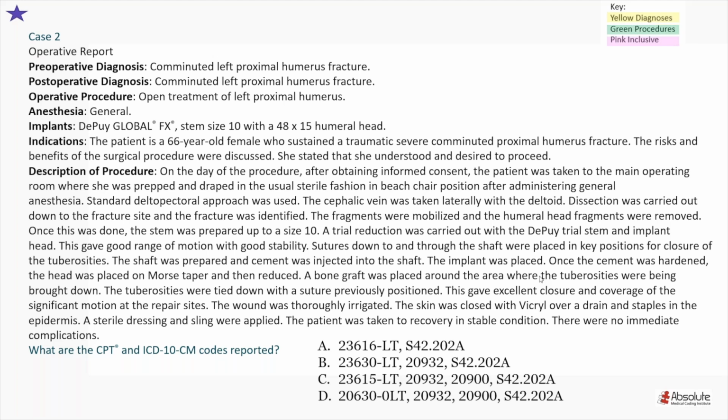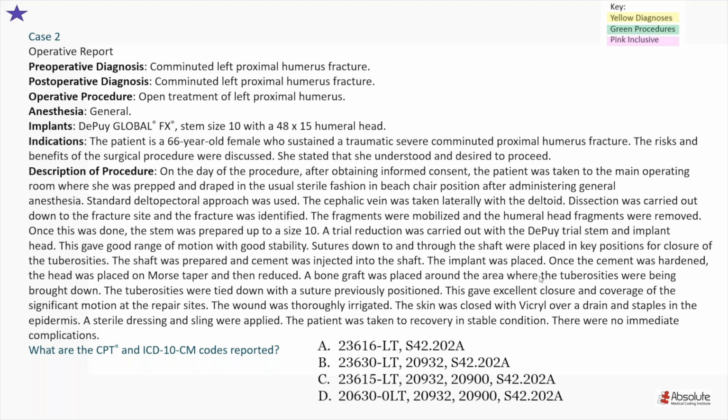Description of procedure. On the day of the procedure, after obtaining informed consent, the patient was taken to the main operating room where she was prepped and draped in the usual sterile fashion, in beach chair position after administering general anesthesia. Standard deltopectoral approach was used. The cephalic vein was taken laterally with the deltoid.